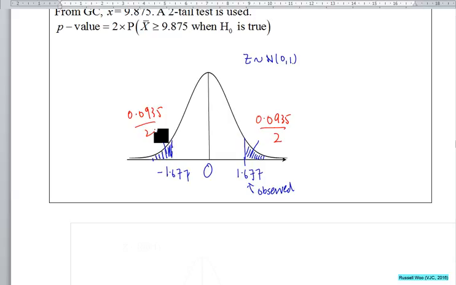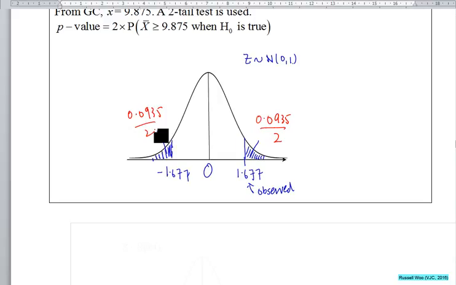The calculator already helped us sum these two areas up to tell us the final p-value. Do you follow what I'm saying? It's 0.09.